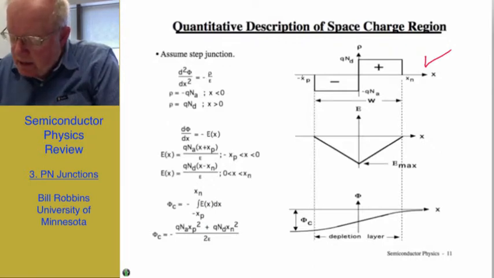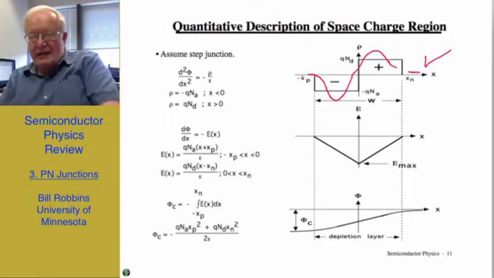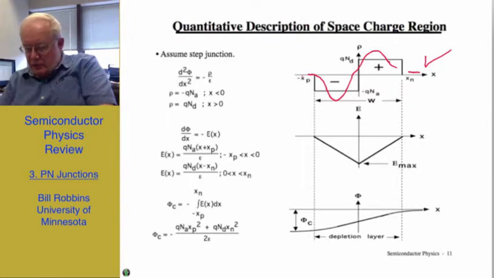In reality, the carrier densities look more like this, but it's more difficult to find out what this distribution is and handle the arithmetic than it is the so-called depletion approximation.